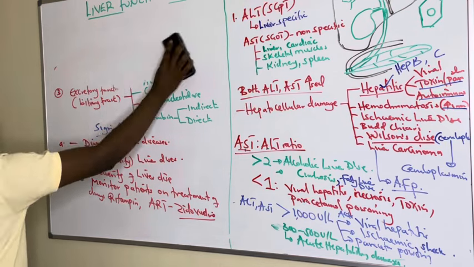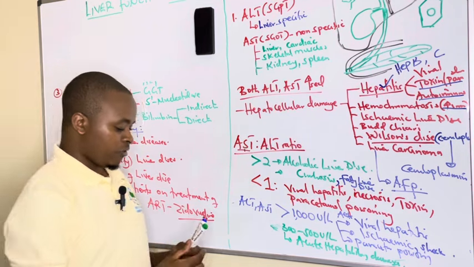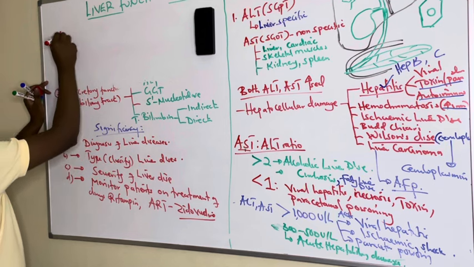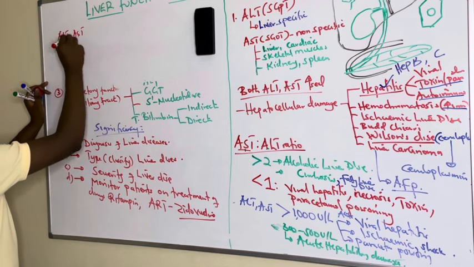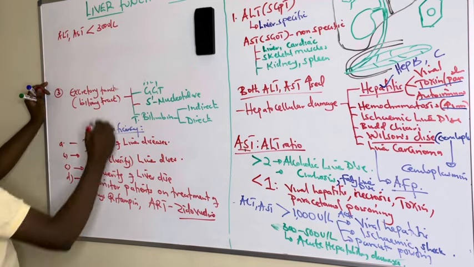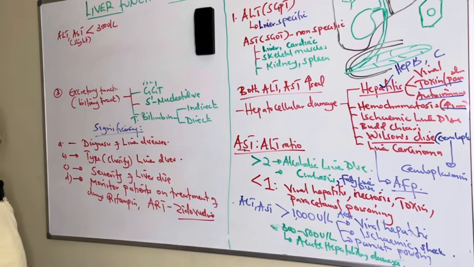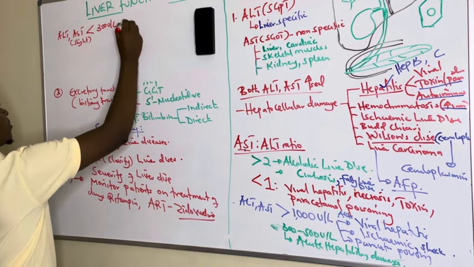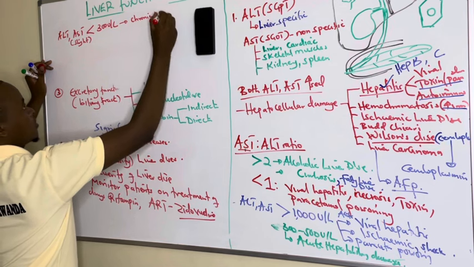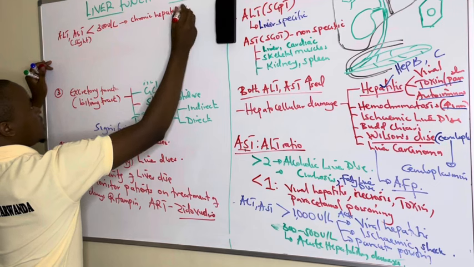And then when we continue and we do the LFTs, that is ALT and AST, and we find the values are less than 300 international units per liter, that is slightly elevated. When they are slightly elevated, like 1 to 2 times, we find them in chronic hepatocellular damage, chronic hepatobiliary damage.